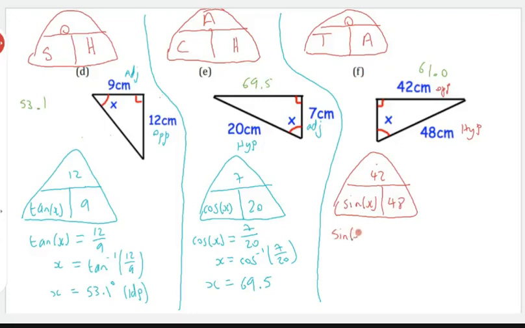So we have sine of x equals 42 over 48. So therefore, x is equal to the inverse sine of 42 over 48, which to one decimal place is 61.0. Yes.